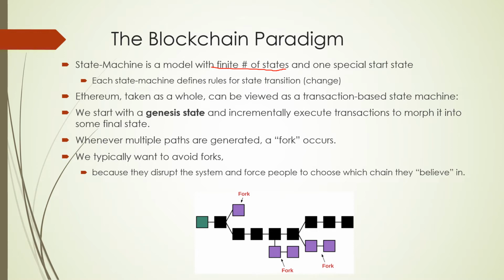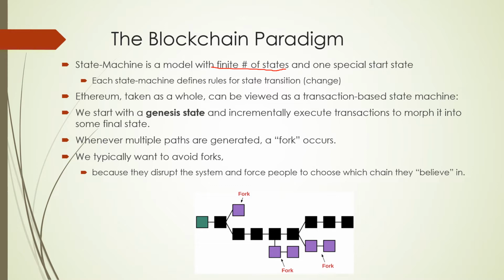Normally, state machines are drawn using a graph-shaped diagram. Then the states are represented by nodes, and there are directed edges or directed arrows between the states. We call those state transitions or state changes. Each state machine defines rules for state transitions or state changes.